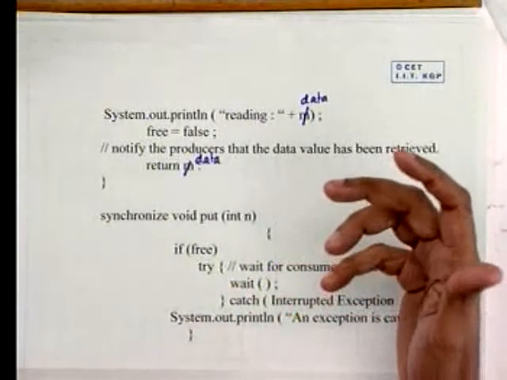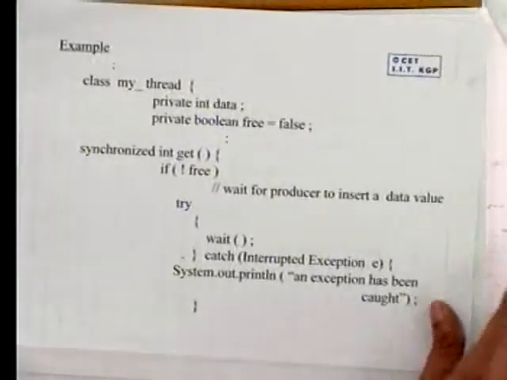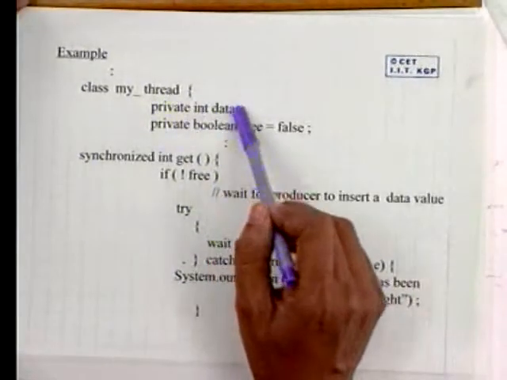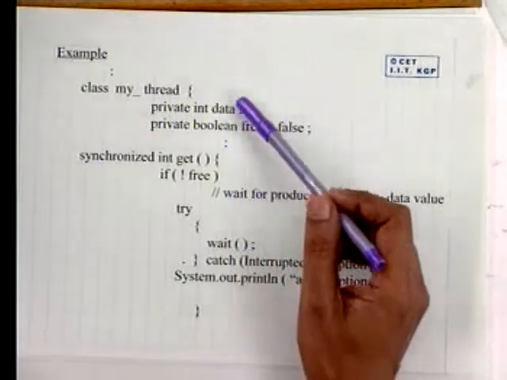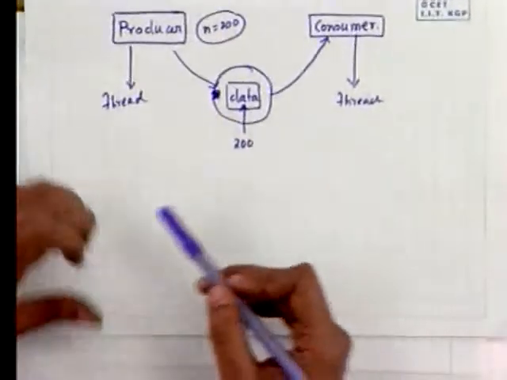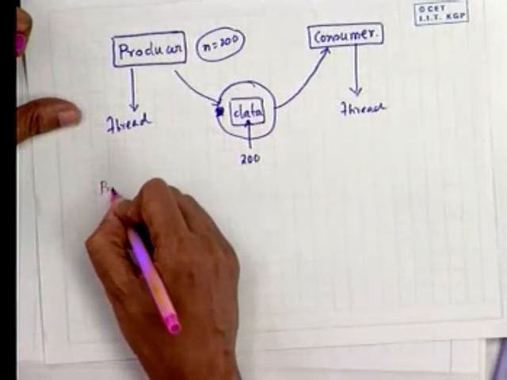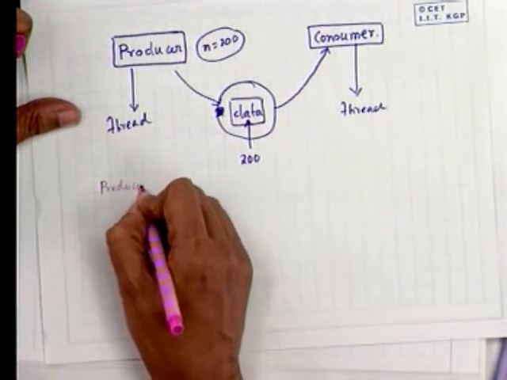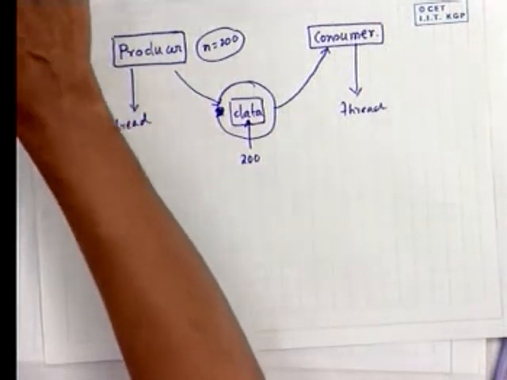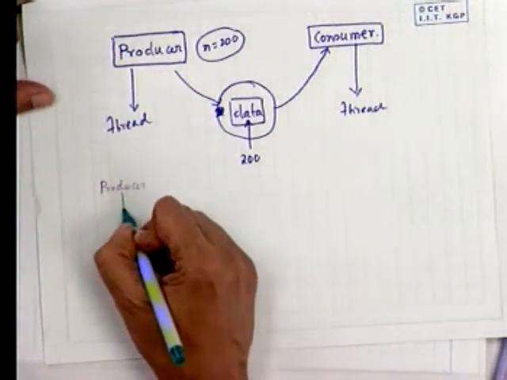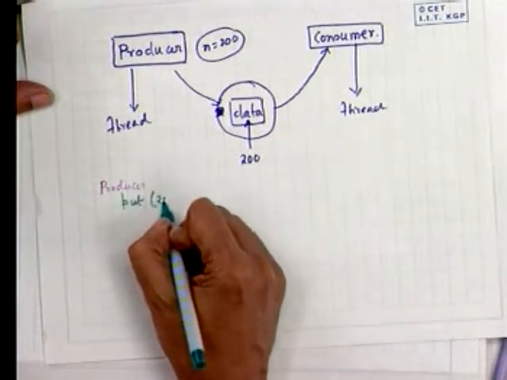We can see that in this case, if we allow data to be stored into a buffer, in this case we have only allowed data to be one element. So say, for instance, first of all there is no consumer program running. Say the producer executes put 200.